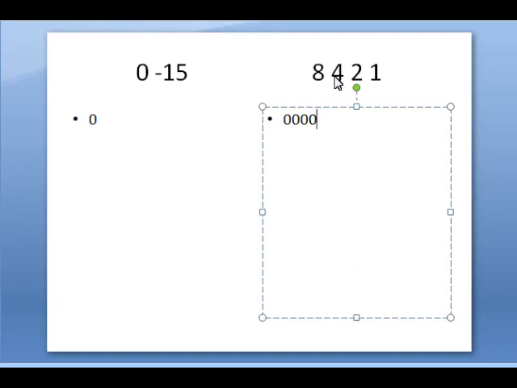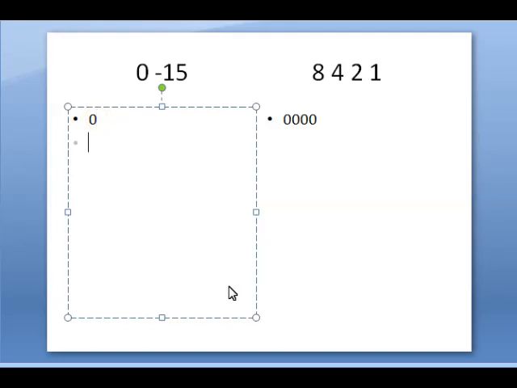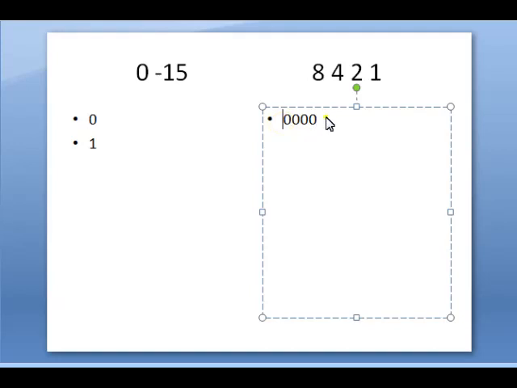Okay students, now we are going to write the binary equivalent for 1. 1 means you have to keep this number in your mind, that is 1 2 4 8. In the place of 1 we will write 1 and all the other digits should be 0. So how will you write? 0 0 0 1.